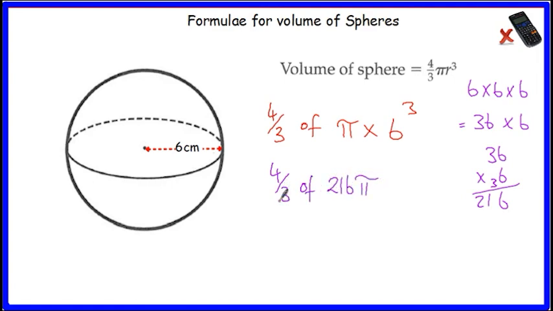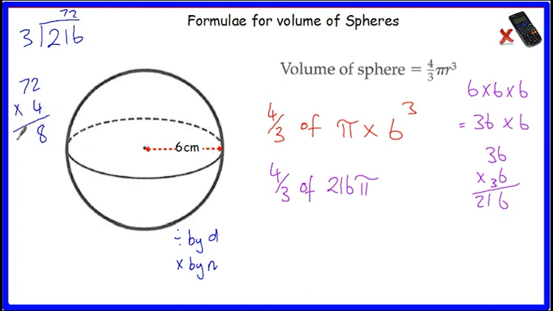But this is a fraction, so to get a fraction of an amount, you divide by the denominator, you times by the numerator. 216 divided by 3 is 72, and 72 times 4 is 288. So my answer is 288 pi centimeters cubed.